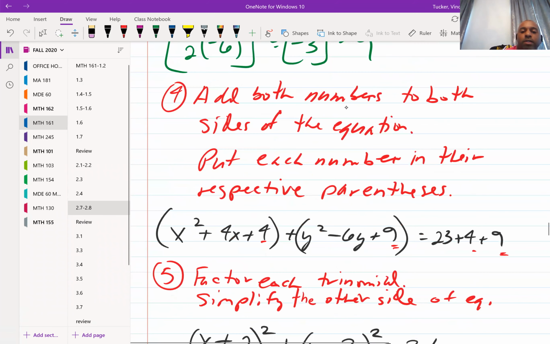So when I go here, notice the 4 and the 9 are with those groupings. And then I also added the 4 and 9 on this other side as well. Everybody okay?